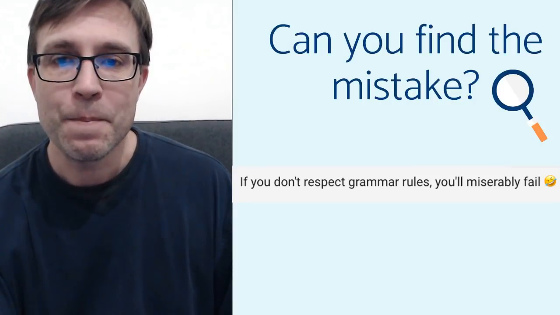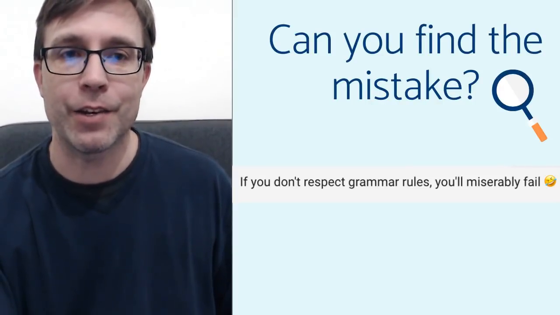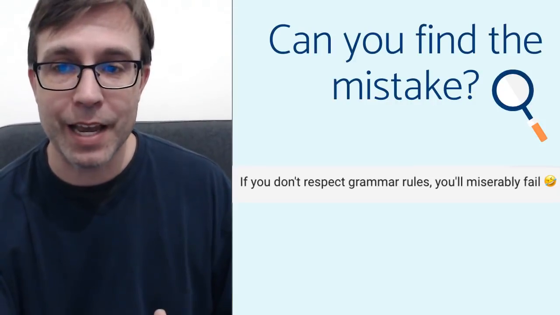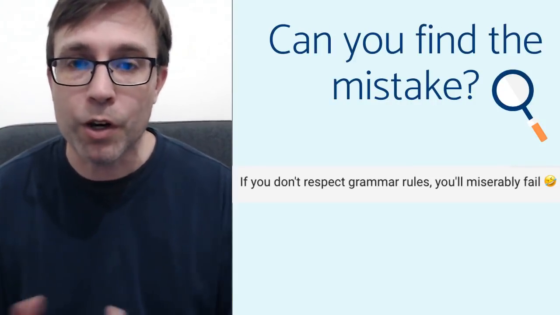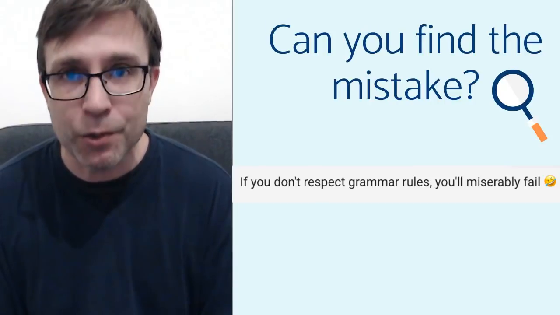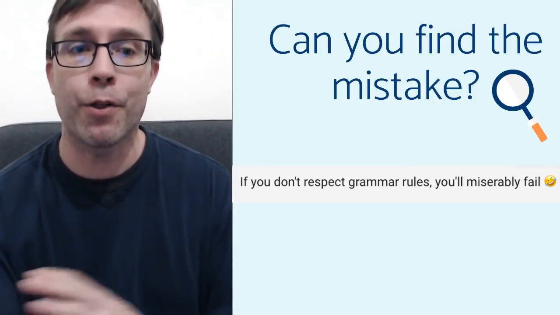All right? There are different ways that you could go about and try to correct this sentence. But what I would say is that the word order is incorrect, because miserably is an adverb, and adverbs can be confusing because you can use them all throughout the sentence.